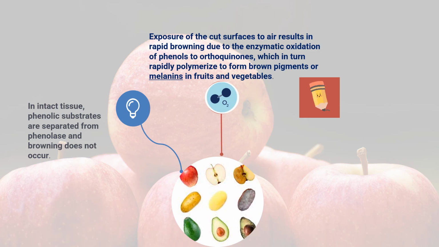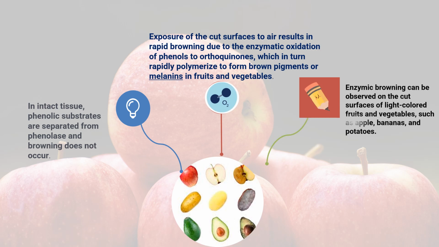So first there is an oxidation followed by a polymerization to form brown pigments, also referred to as melanins in fruits and vegetables. Enzymatic browning can be observed on the cut surface of light colored fruits and vegetables such as apples, bananas and potatoes.